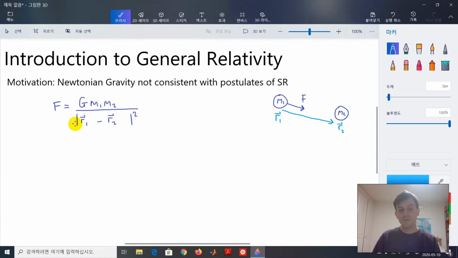Okay, but obviously F and R1 and R2 are all changing as functions of time because the masses are moving around each other. So to make this formula time explicit, we will put the t's in. So F of t, R1 of t, and R2 of t. And these t's all have to be the same. That means you're measuring the position R1 and the position R2 and the force F all at the same time.